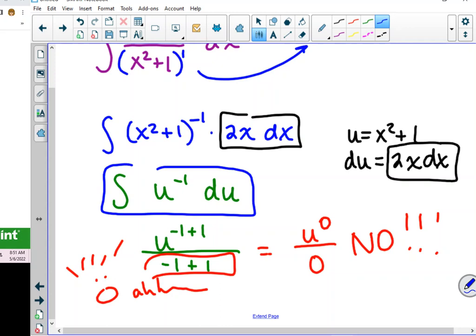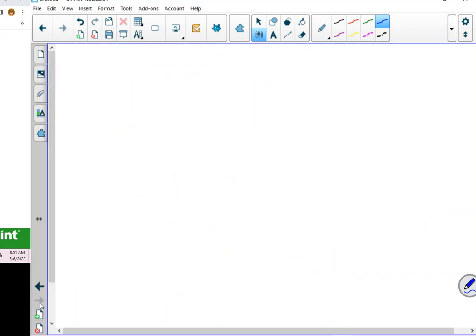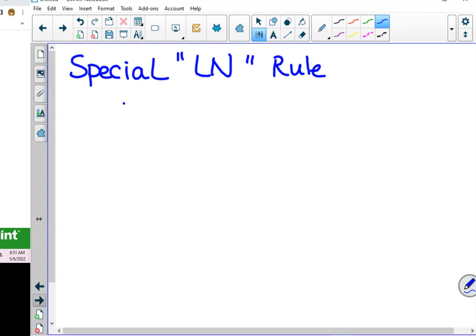This is its own special thing. It's got its own special rule. The reason the rule works the way it does is that the rule for taking the derivative of a natural log of something worked a special way. So this is our special natural log rule.